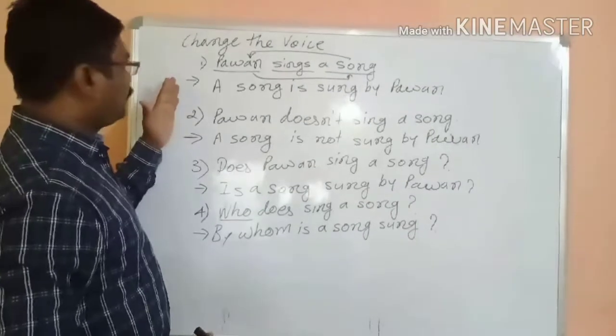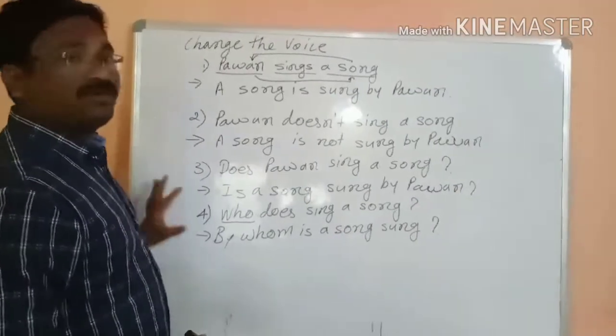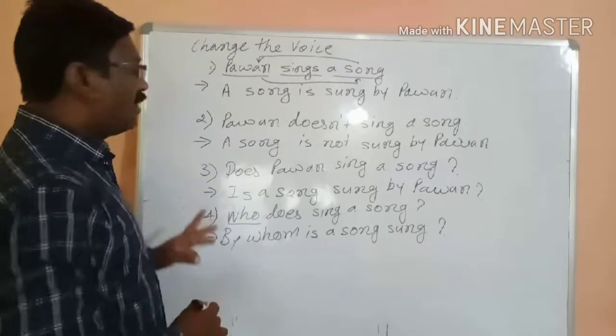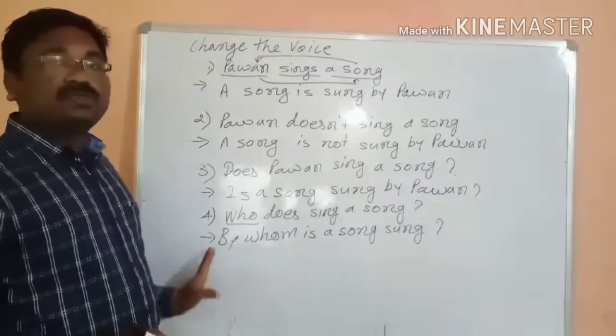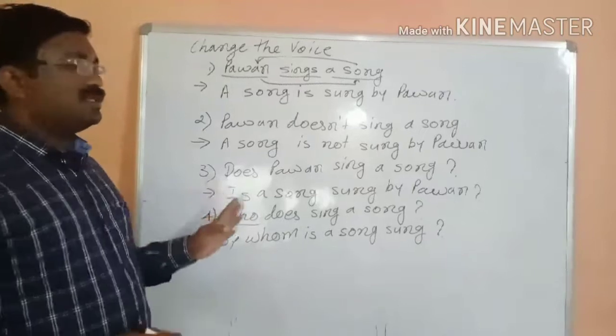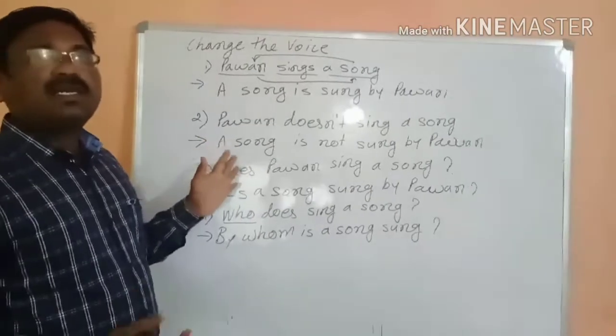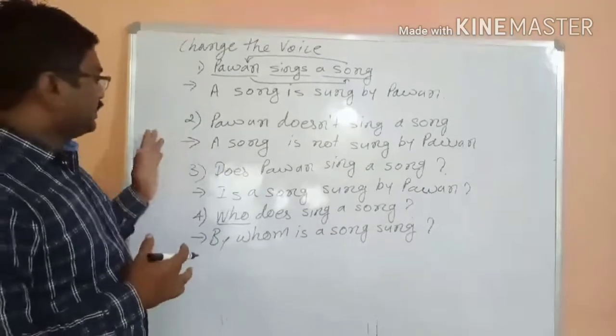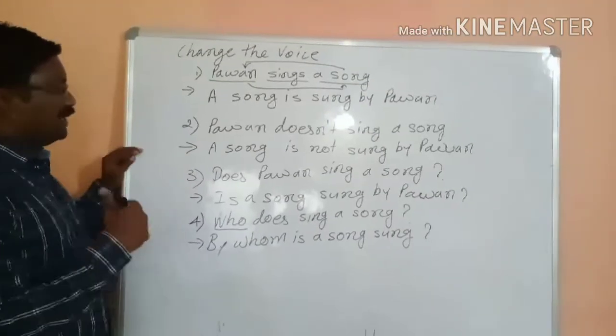I have told you one sentence in different forms. When it is a yes no type question, what becomes of it? When it is a WH question, how is it going to change? These things you have not studied in 5th standard or 7th standard. Are you getting it? These things are new here. Again you can revise.